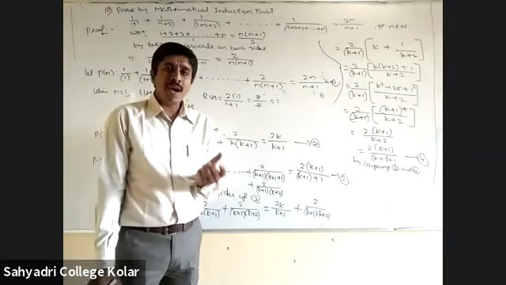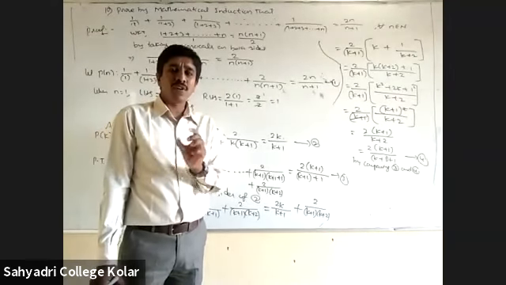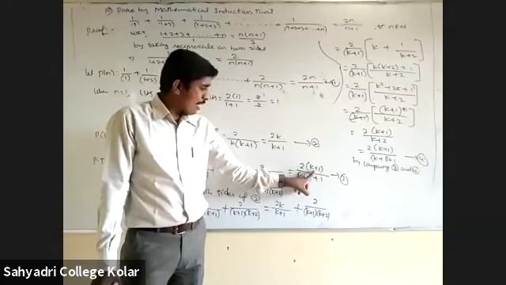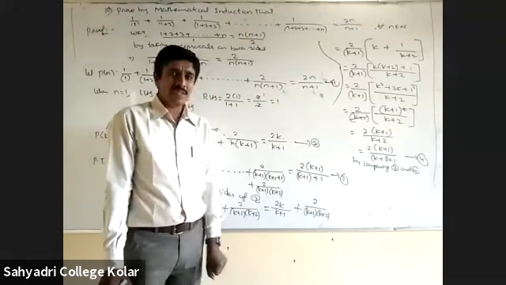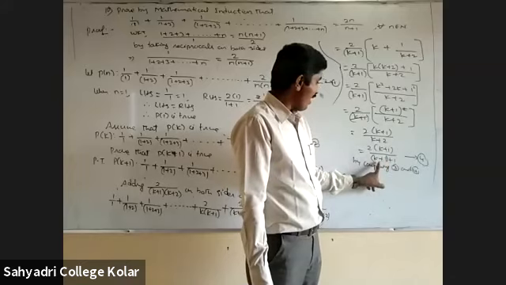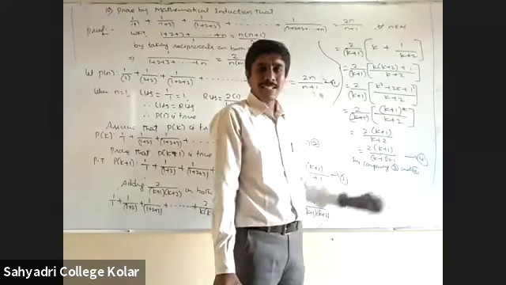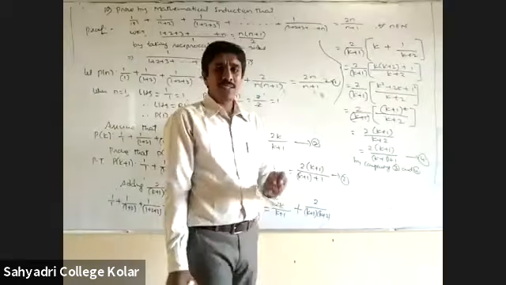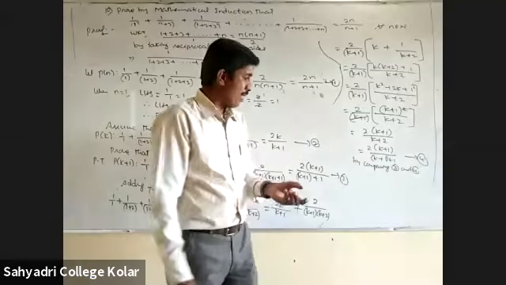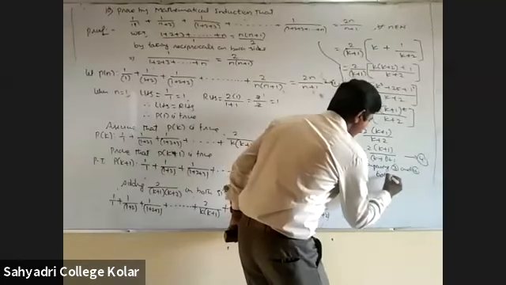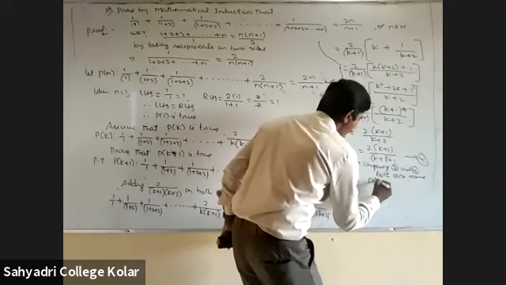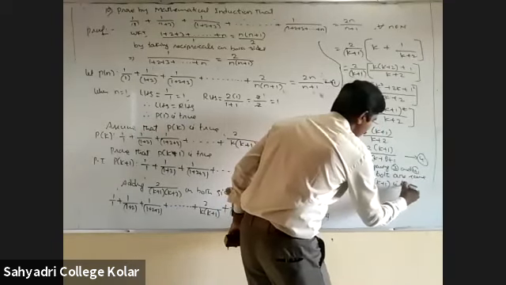Now by comparing RHS of equations 3 and 4: equation 3 RHS is 2 into (k plus 1) divided by (k plus 1 plus 1), and equation 4 RHS is 2 into (k plus 1) divided by (k plus 1 plus 1). Both are same. Then we say that the given statement is true for n equal to k plus 1. Therefore, P of k plus 1 is true.